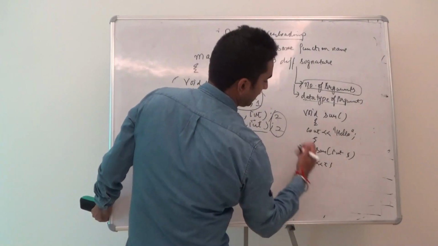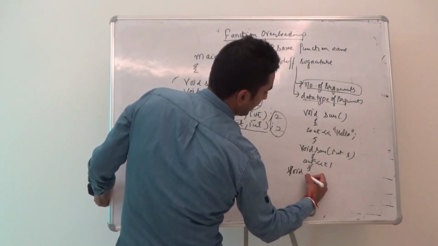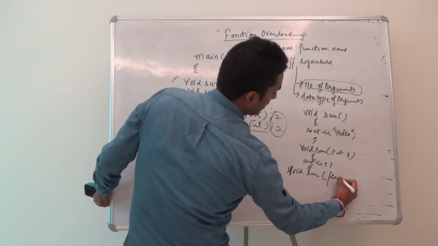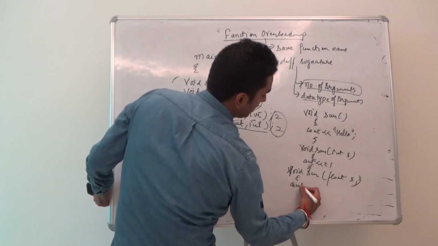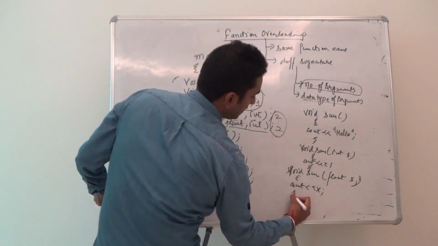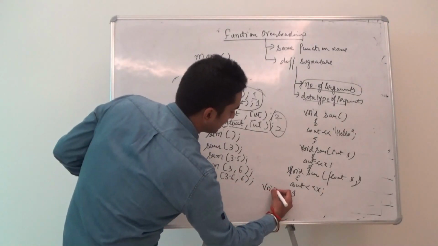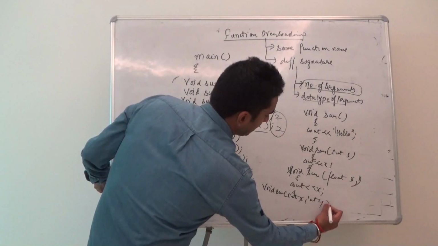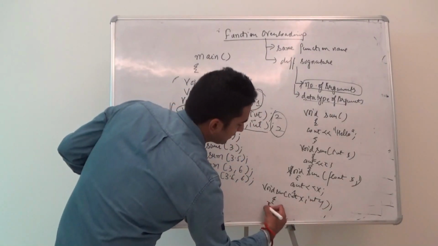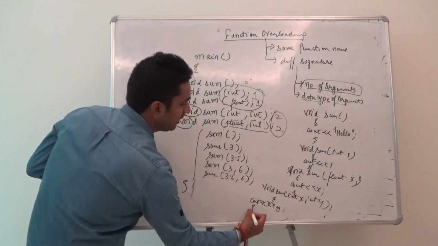Void sum int x, and it will display cout x. Two function definitions are written. Again void sum float x, it will display cout x, so it will display 3.5. Or if I have to write void sum int x int y, it will, let's say, sum x plus y and perfectly it will be done.